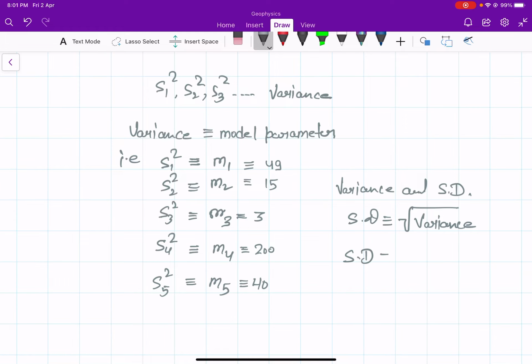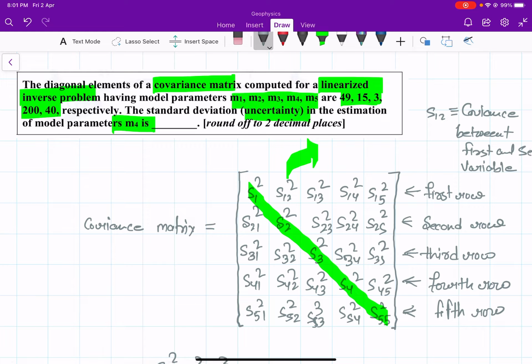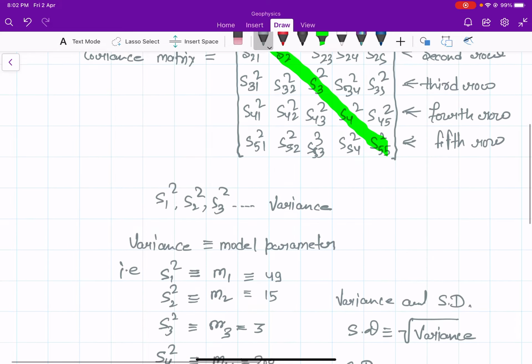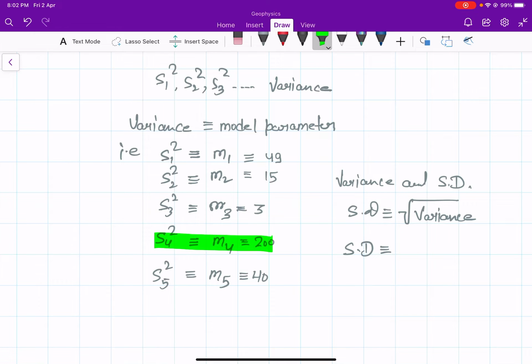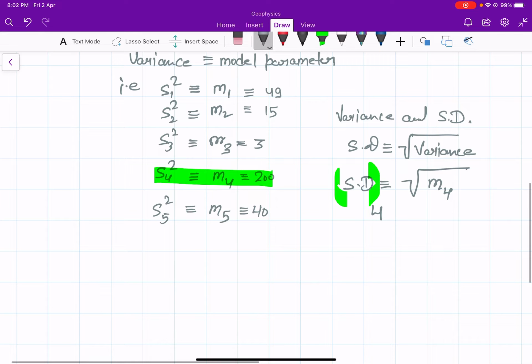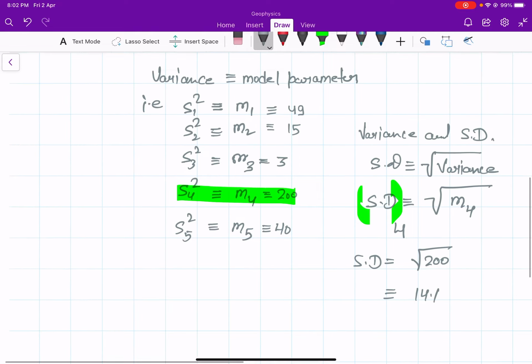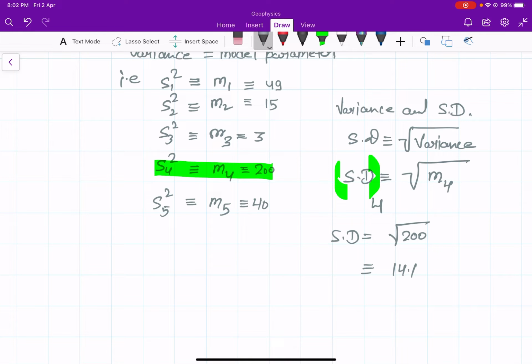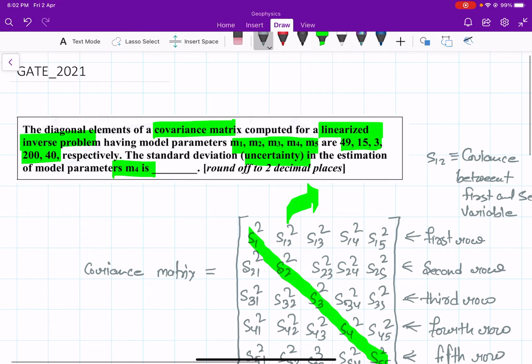So the standard deviation of the estimation of model parameter M4, that is the standard deviation of the fourth diagonal element, will be given by the square root of M4. So the standard deviation will be the square root of 200, which is nearly about 14.1. So the answer will be 14.1 for the estimation of model parameter M4.